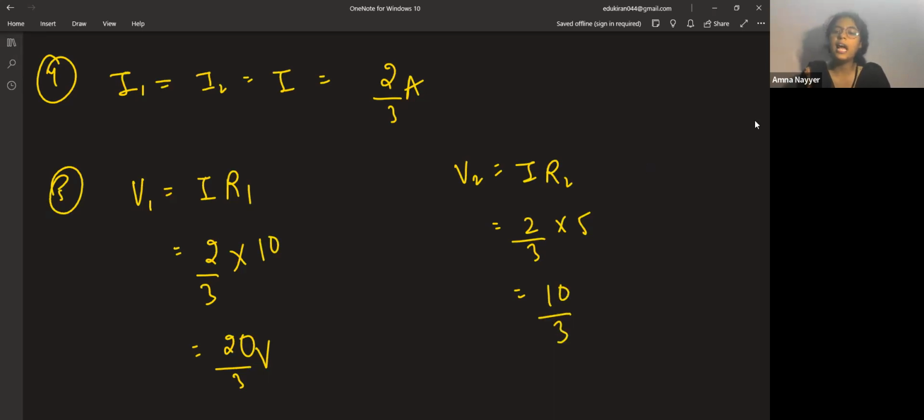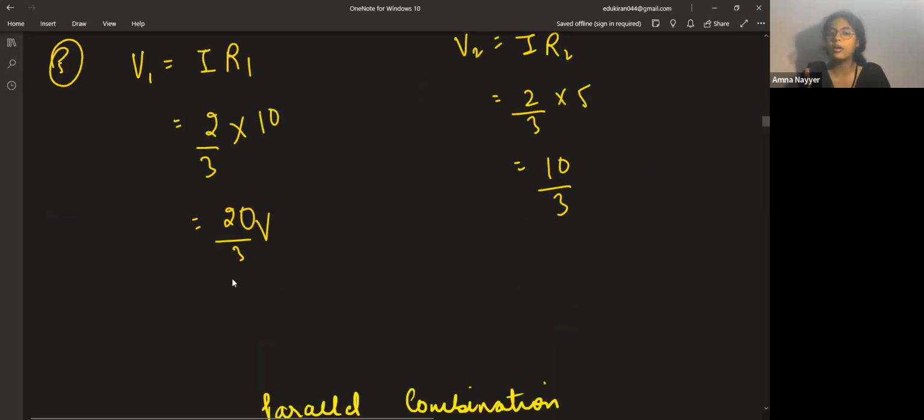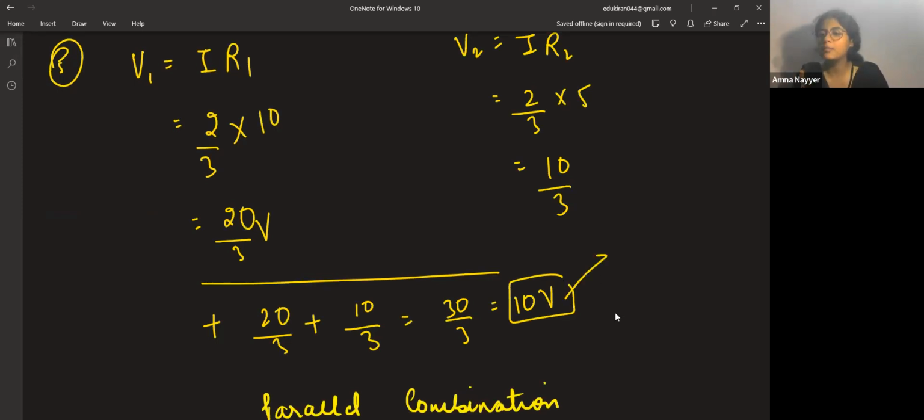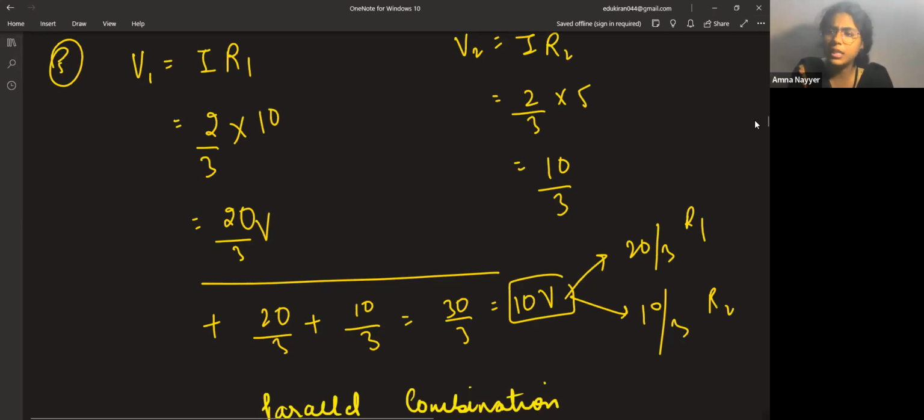To check whether my answer is right, I add these two: 20 by 3 plus 10 by 3 is 30 by 3, which is equal to 10 volt. Am I getting 10 volt back? It means this 10 volt is being divided into 20 by 3 and 10 by 3 across the resistors R1 and R2. Clear? This is all about series combination.